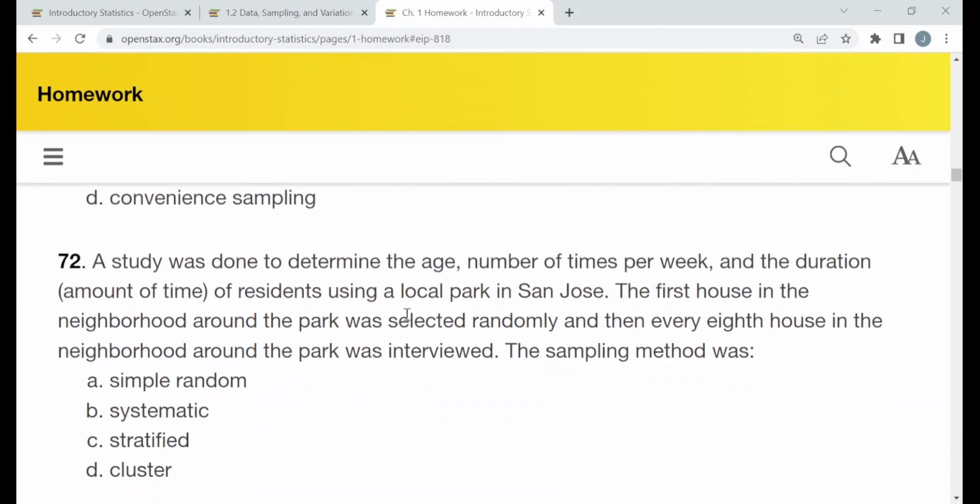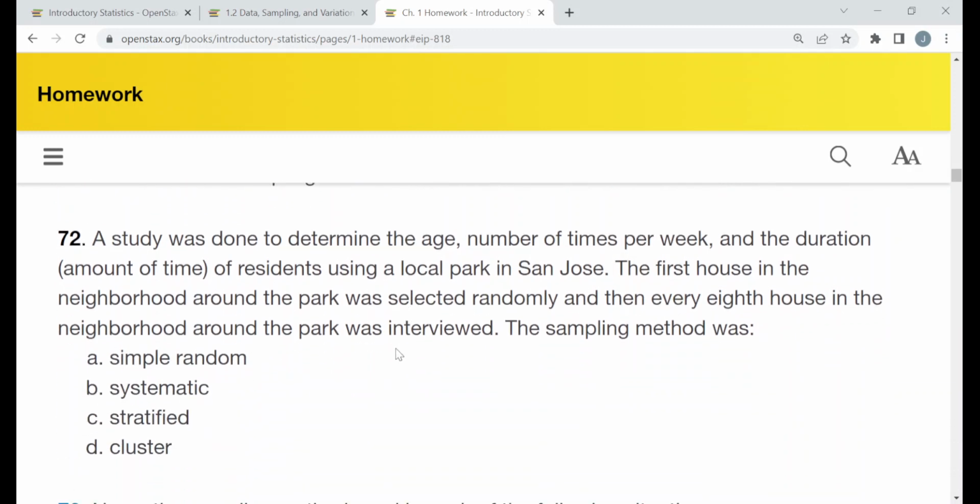All right, another sampling method. Now this one doesn't have a solution, but I think we can still reason it out. A study was done to determine the age, number of times per week, and the duration, or amount of time, of residents using a local park in San Jose.